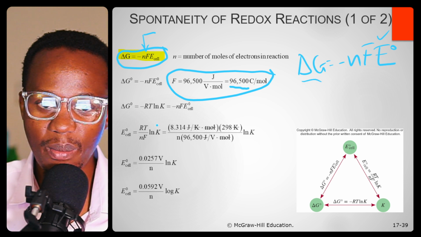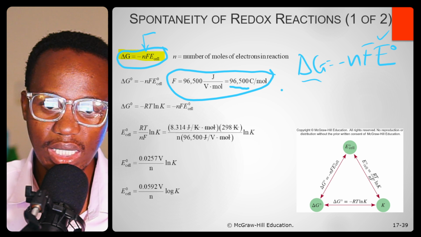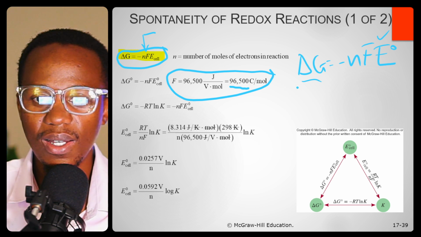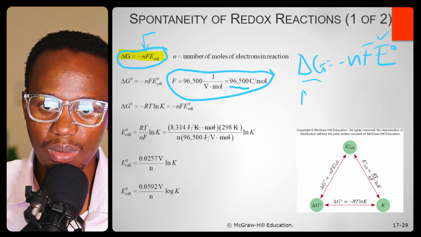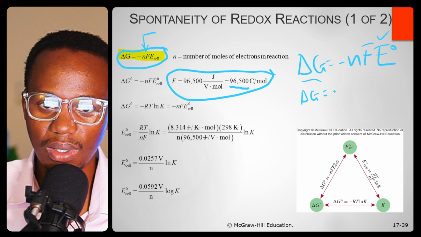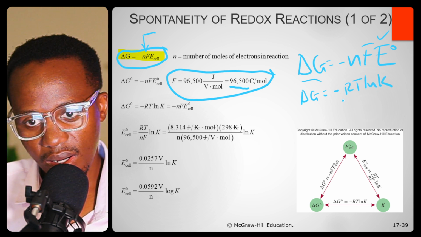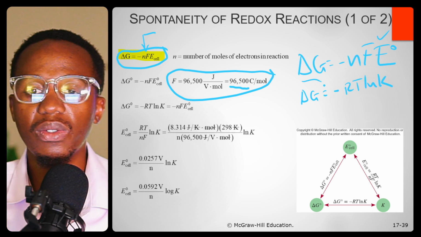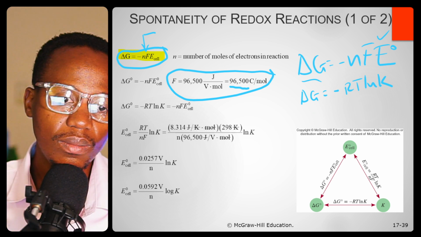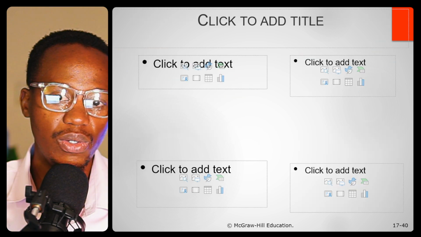And after you calculate the delta G, you can also calculate the K. If you remember, delta G is equal to negative RT ln of K, the equilibrium constant. I don't want you to be memorizing a lot of new equations.